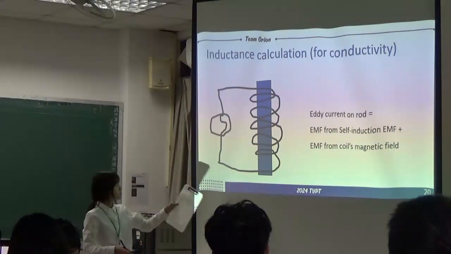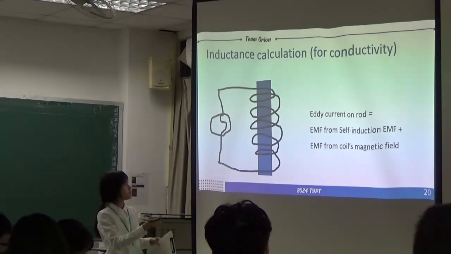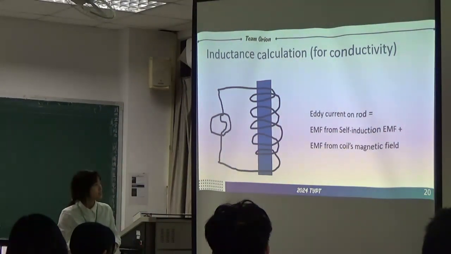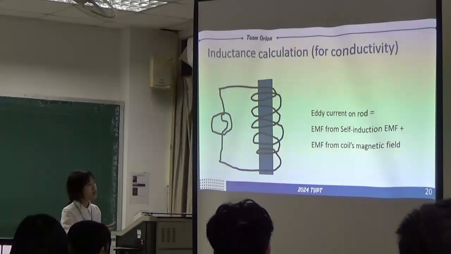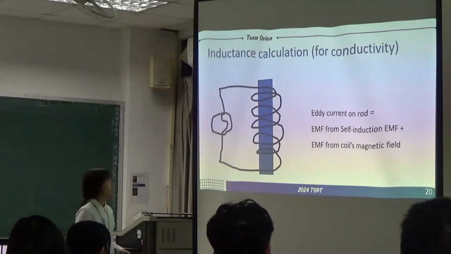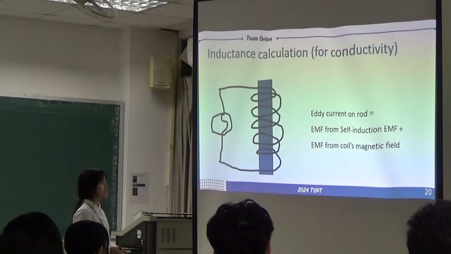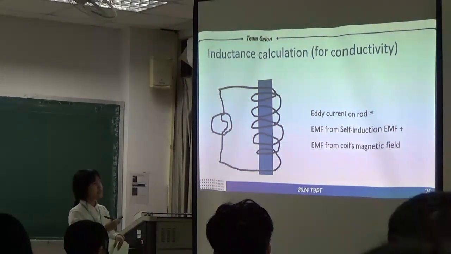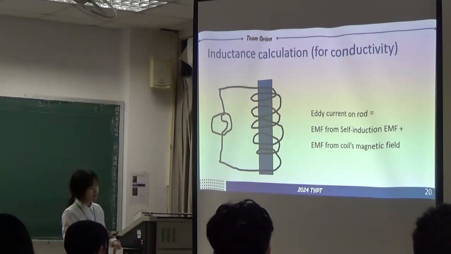When we push the rod into our circuit, we add the current on the rod, and the EMF from self-induction plus the EMF from the coil's magnetic field. The added current on the rod equals the EMF from self-induction plus the EMF from the coil's magnetic fields.